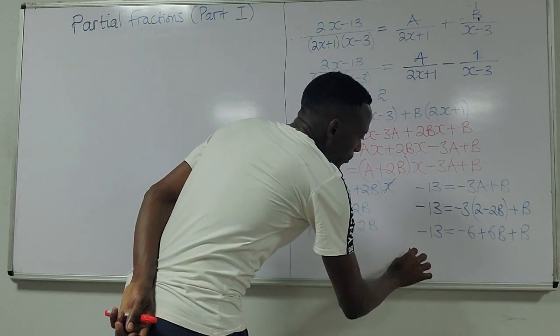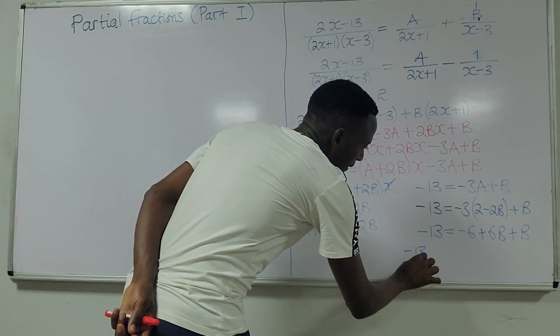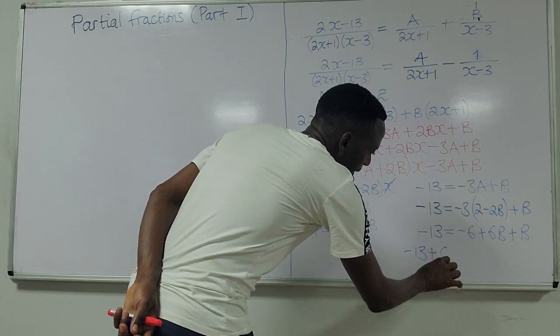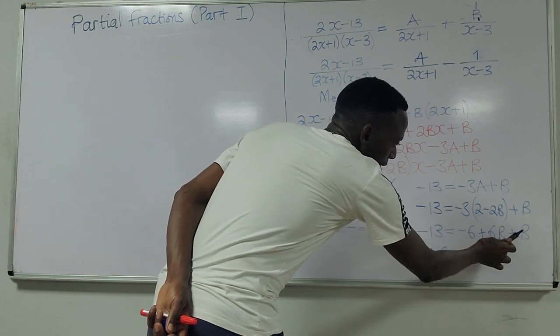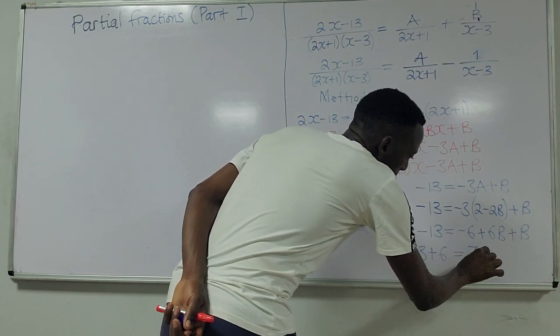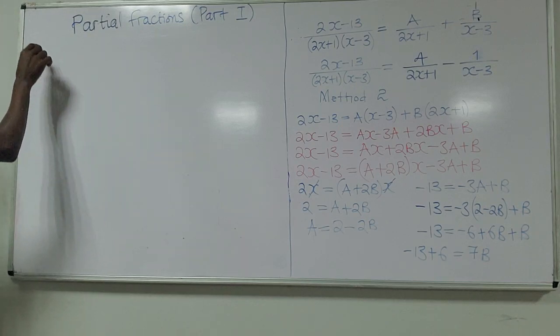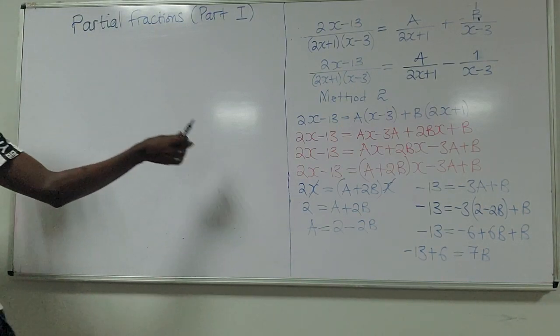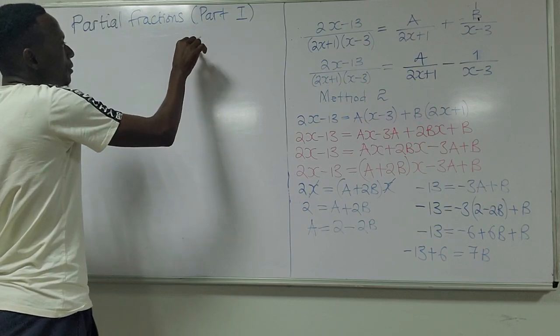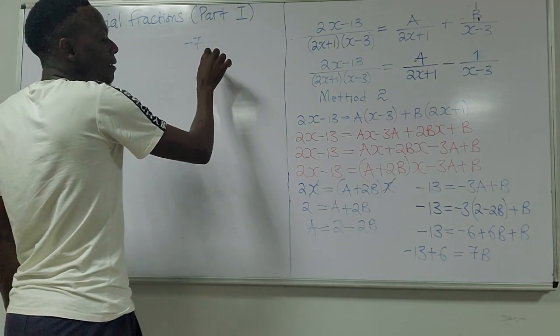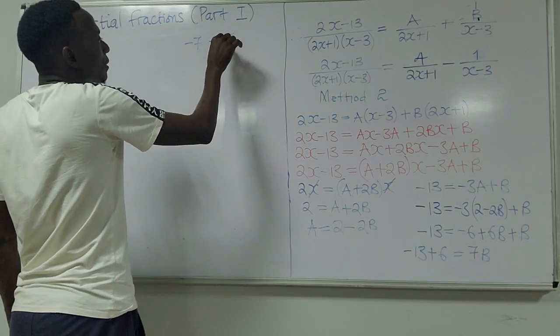So here we move the negative 6: negative 13 plus 6 is equal to 6b plus b, which is 7b. Negative 13 plus 6 gives us negative 7, which is equal to 7b.